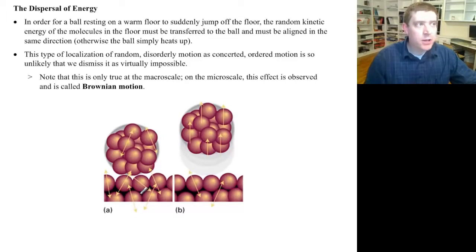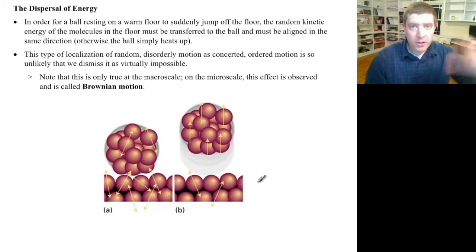And if enough of them vibrate in the right way, if they all go up and transfer enough kinetic energy to the molecules in the ball, it can jump up off the floor. But the molecules in the ball all have to be moving the same direction. If they're moving different directions, like in the left case, then the ball just heats up. So it doesn't help us really to heat up the molecules in the floor.